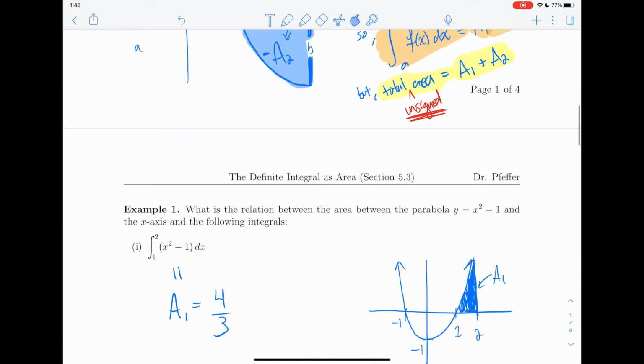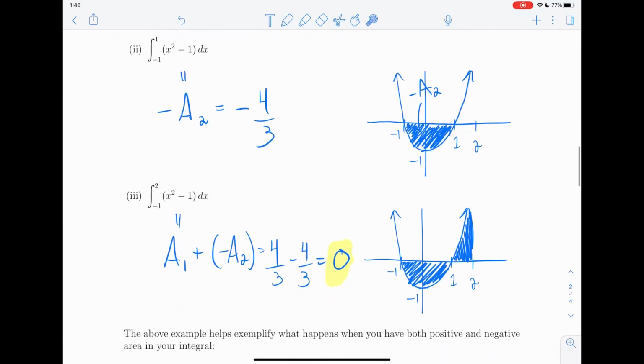So in this case, it turned out that the positive area that we got to the right of 1 and the negative area we got between -1 and 1 turned out to literally cancel each other out, so that the overall integral we're considering here literally evaluates to 0.